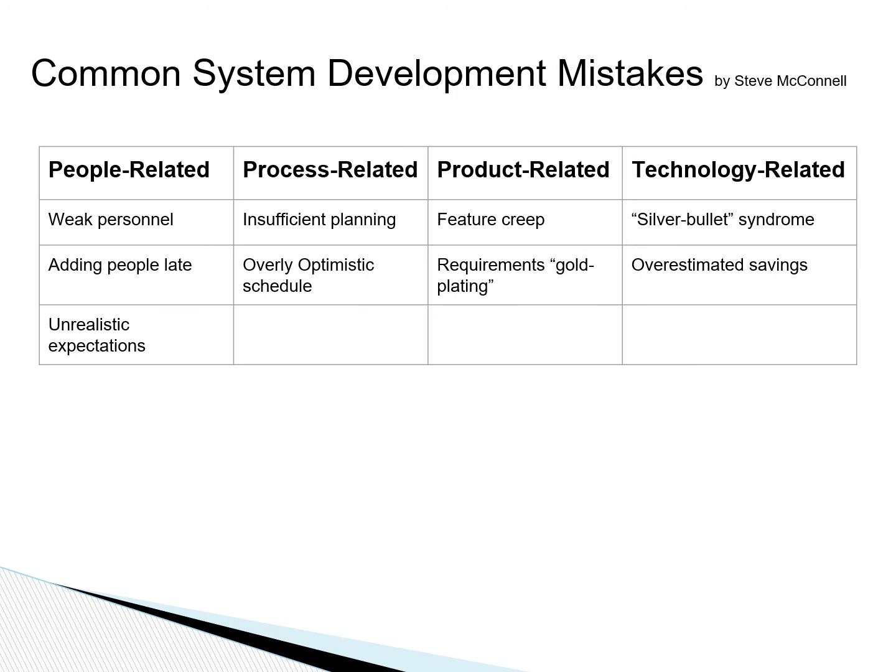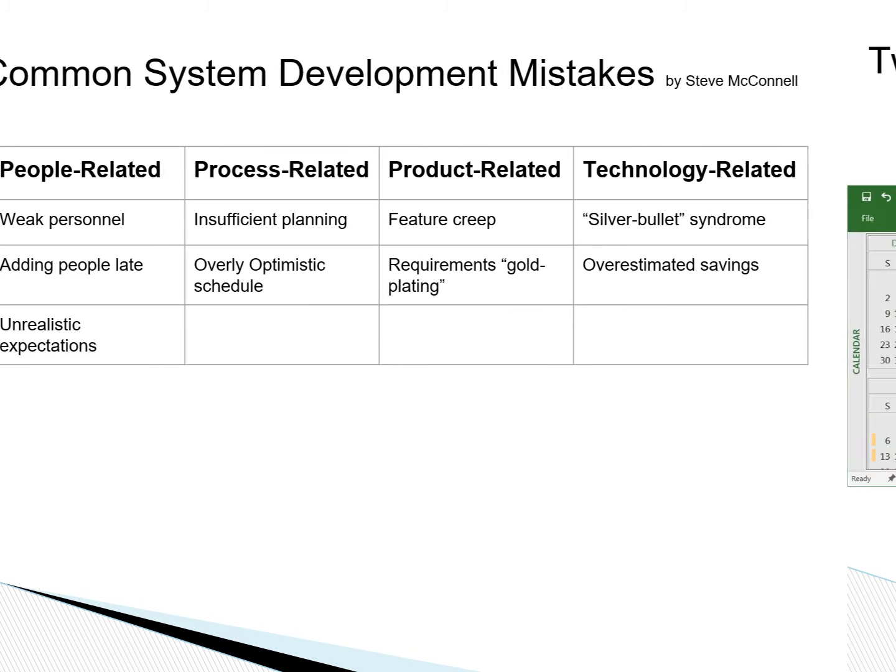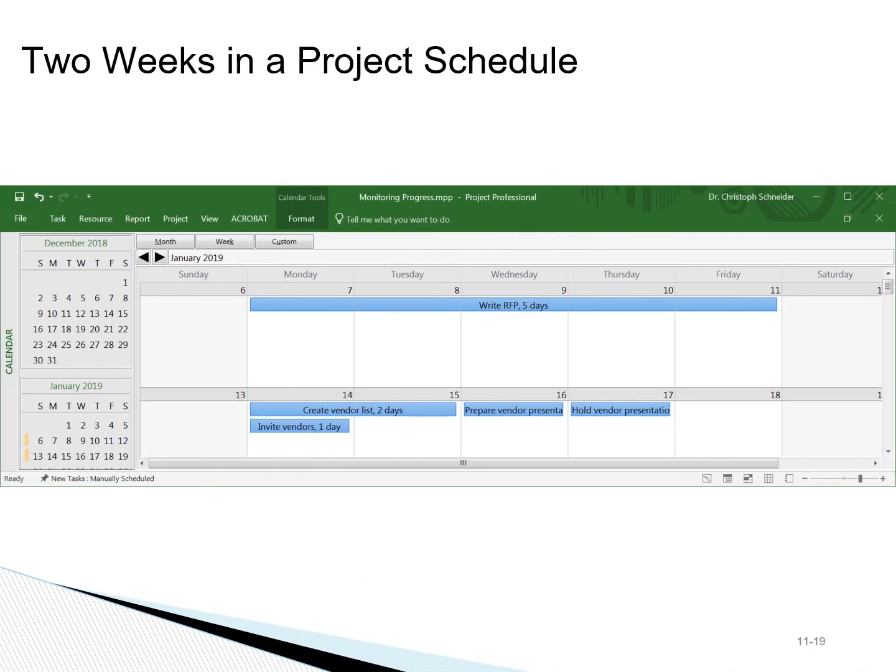Some of those issues are listed on this slide, such as weak personnel or poor estimates. The project manager uses many tools to monitor progress. For example, he or she can make sure that the activities scheduled for each week are in fact being carried out.